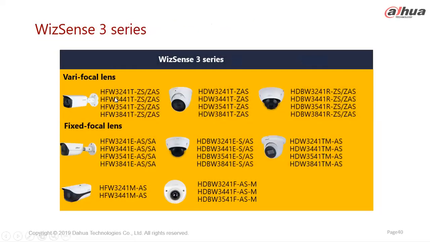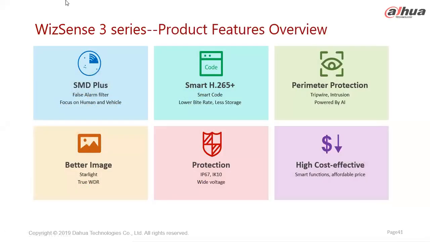You can see from the list here, we have HFW 3. You also have this one, which you can typically install in a lift elevator. All the cameras with 3 values are called WizSense 3. So all WizSense 3 cameras have the functionality below.